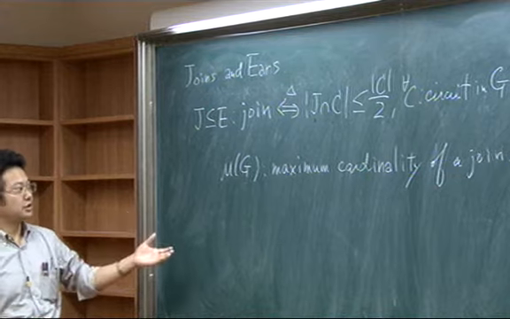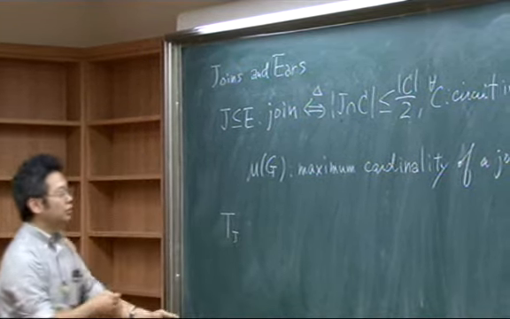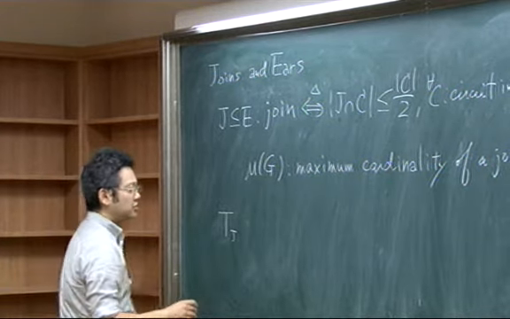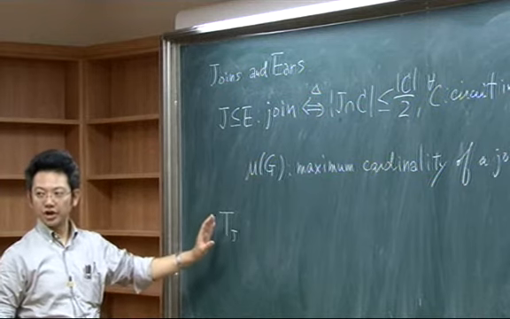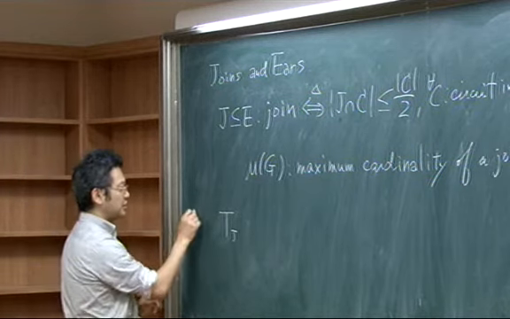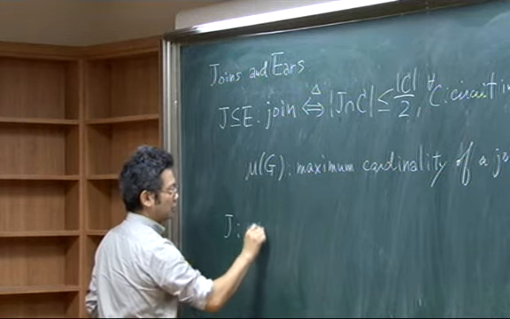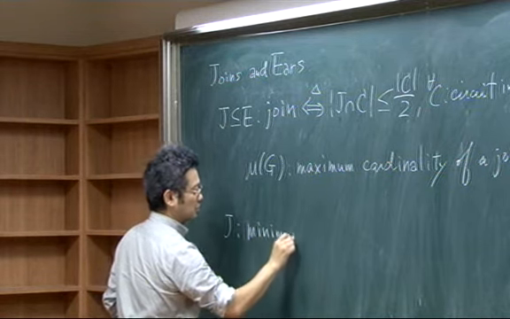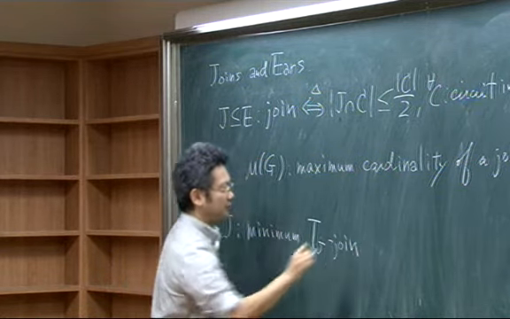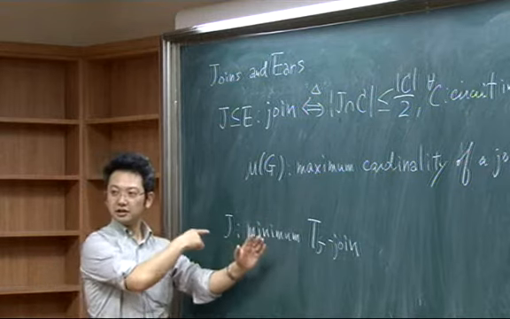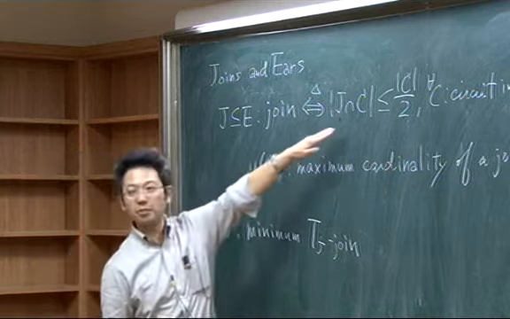Then we have T, and in that T obtained by J, we know that J is a minimum T-join. Because of the definition, it's clear that J is a T-join.